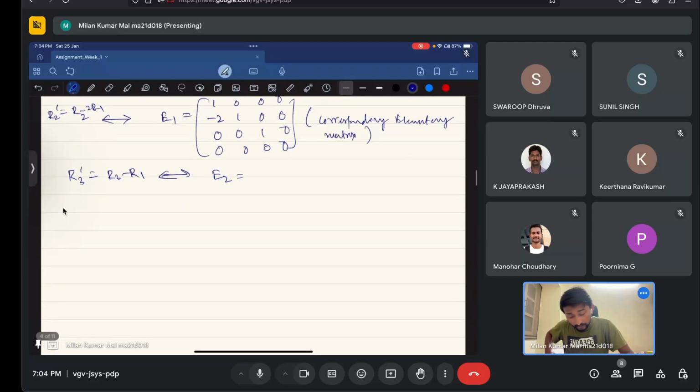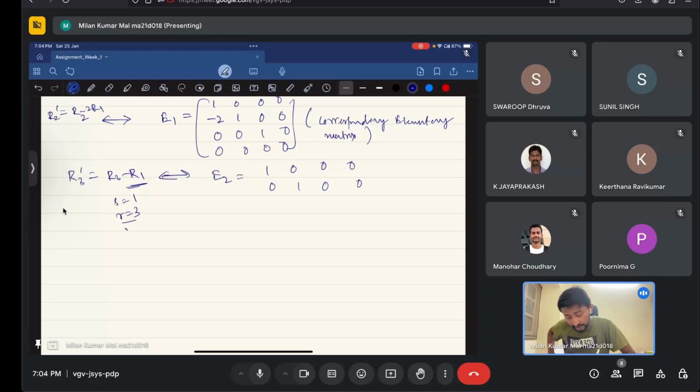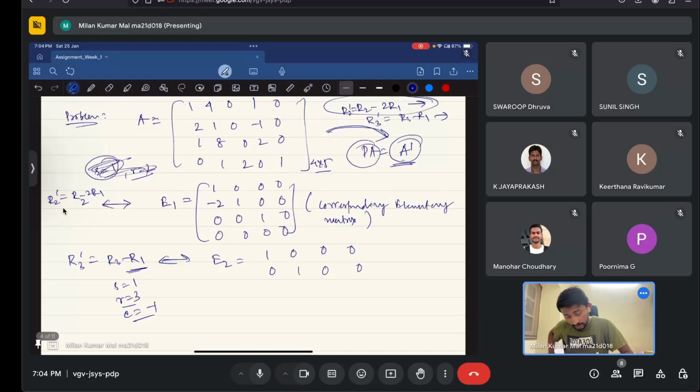Similarly, we go to row 3 and everything on the diagonal will be as it is. Here S is 1, R is 3, and C is minus 1.